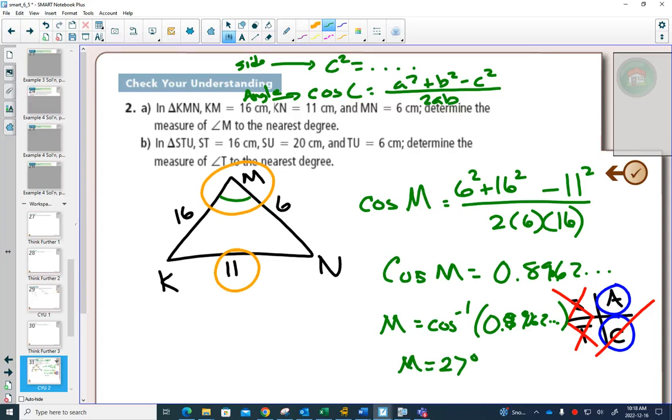So when I figure something out, I like to label it in my triangle. I know that angle M is 27 degrees. Logic question.